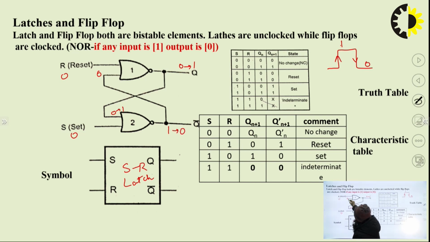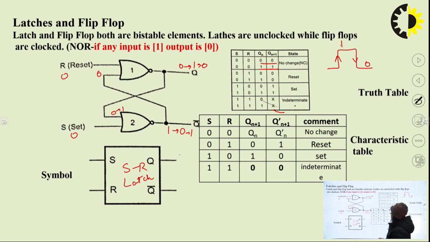Again this 0 goes to the feedback path, and the output becomes 1. So for 0, 0, if the previous state is 0, then the next state will be 0, and if the previous state is 1, then the next state will also be 1. That is, 0, 0 means no change.